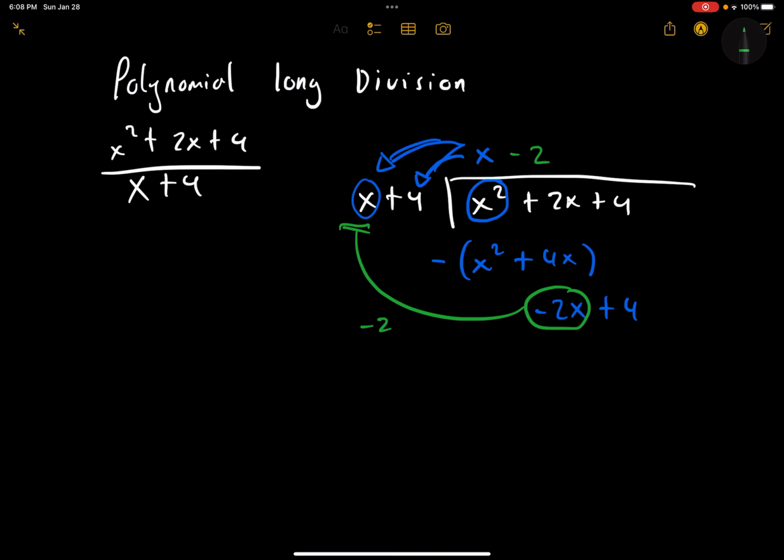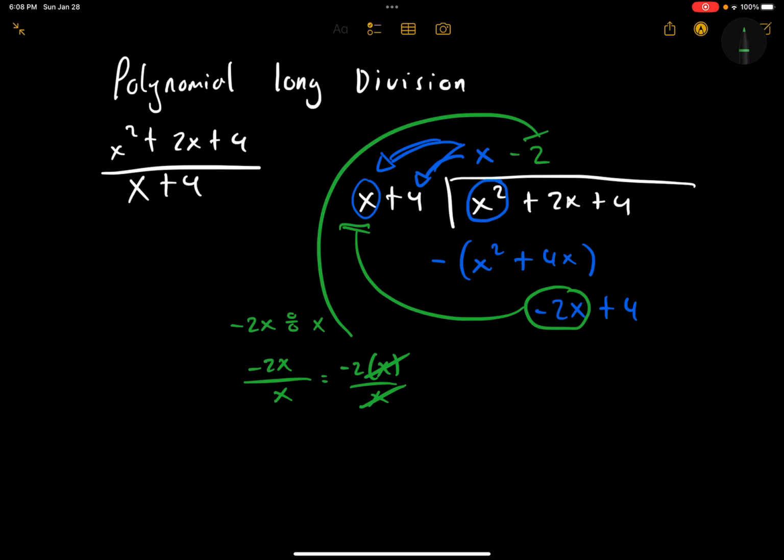And the way we do this, if you don't understand the concept of how many x's go into minus 2x, it is basically minus 2x divided by x. We know that to simplify, if this makes more sense, minus 2 times x over x means that we can cancel out the x's, leaving us with minus 2, like we got here.